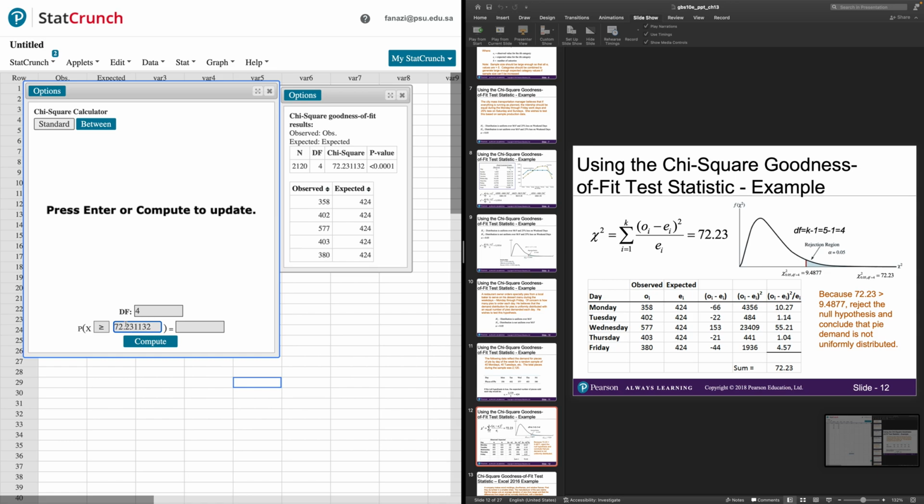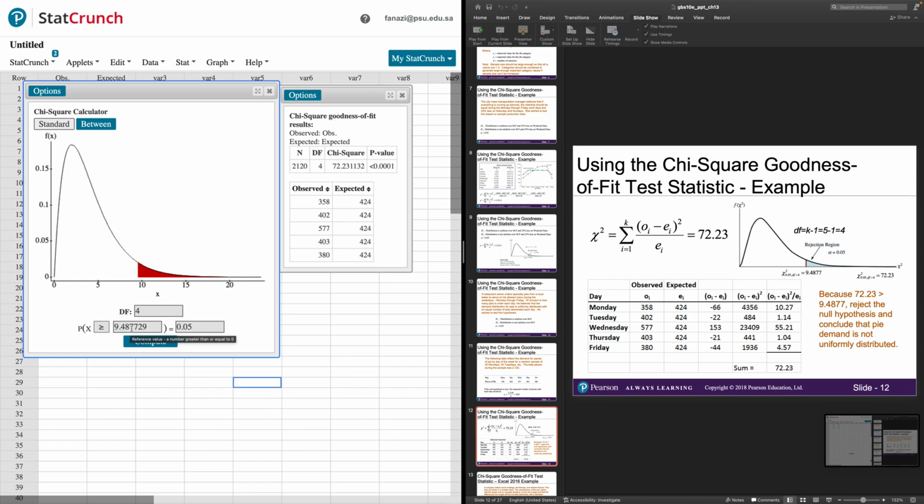When you write the chi-square test here and press compute, you will have the p-value. But if you write alpha here, you get the chi-square alpha.